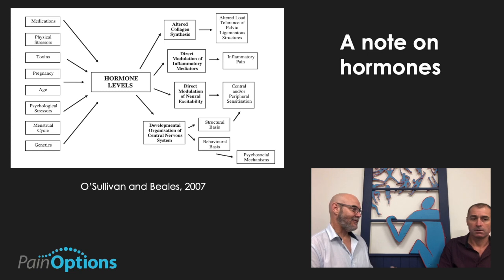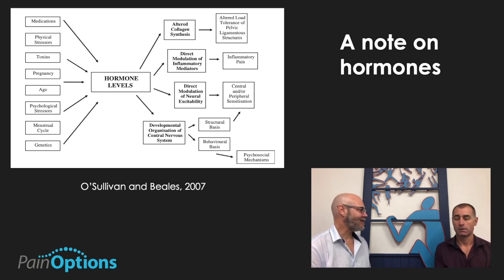Yeah, and that could be mediated by inflammation or directly by modulation of neural activity in the periphery, resulting in peripheral sensitization. And there's a whole other role of hormones in development, but it's not so relevant for what we're talking about now, so I probably shouldn't have mentioned it.